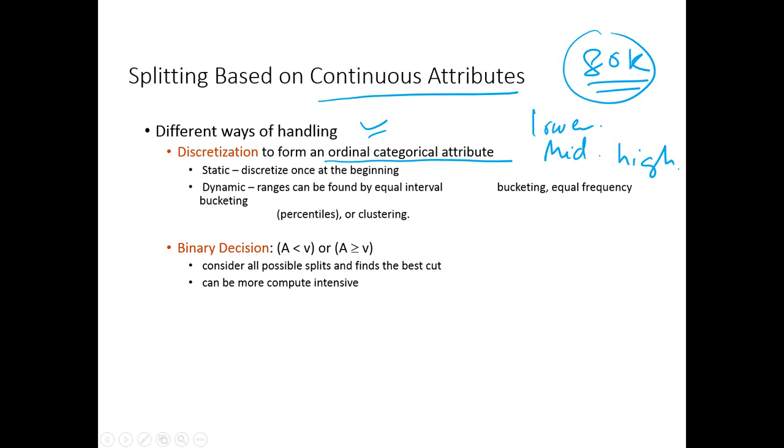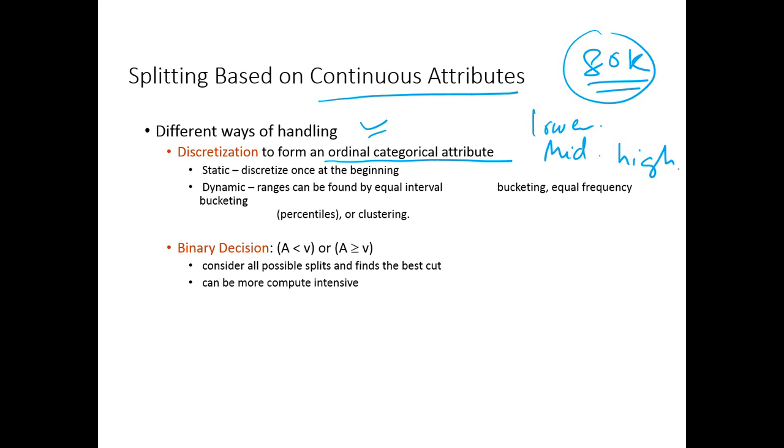You can have more classes also: lower class, lower middle class, middle class, higher middle class, and higher class. You can have as many as you like, but just take the number that maximizes your classification chances.